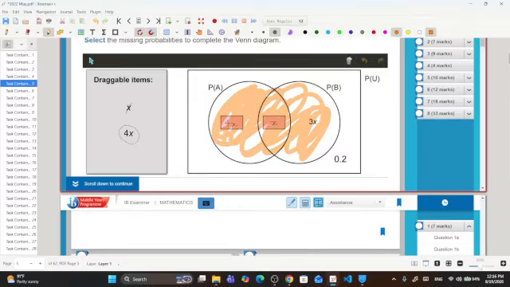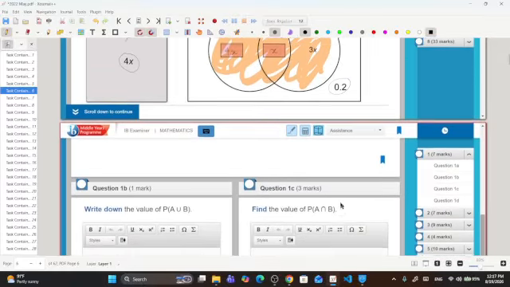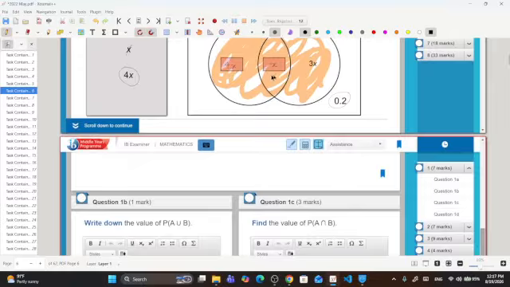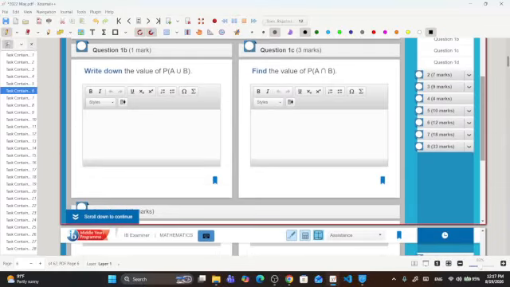We have been told that there is a probability that was a part of the universal set but not a part of these sets, and that has been given to us as 0.2. So the probability of A union B, which is present inside both of those sets, is supposed to be simply 1 minus 0.2, and that is equivalent to 0.8.